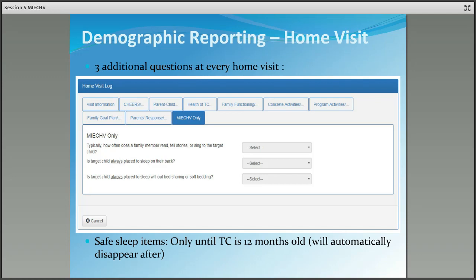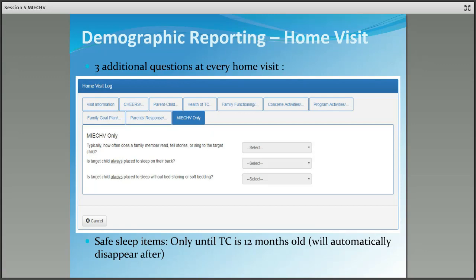The 2 questions about safe sleep only need to be answered until TC is 12 months old. They will automatically disappear from the form when the visit date indicates that TC is older than a year.